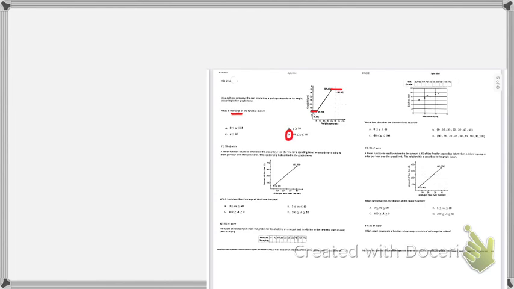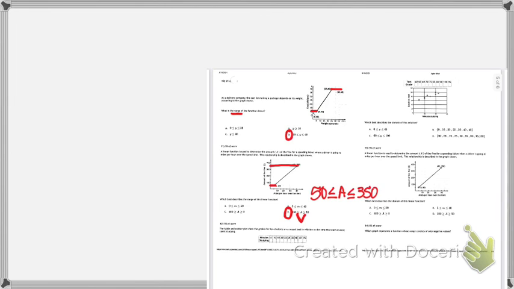Go bottom to top, so we start at 50 and go to 350. Now, the only two that include 50 and 350 are D, but I want you to notice that these are backwards. However, if I flipped it around, it would be the same.